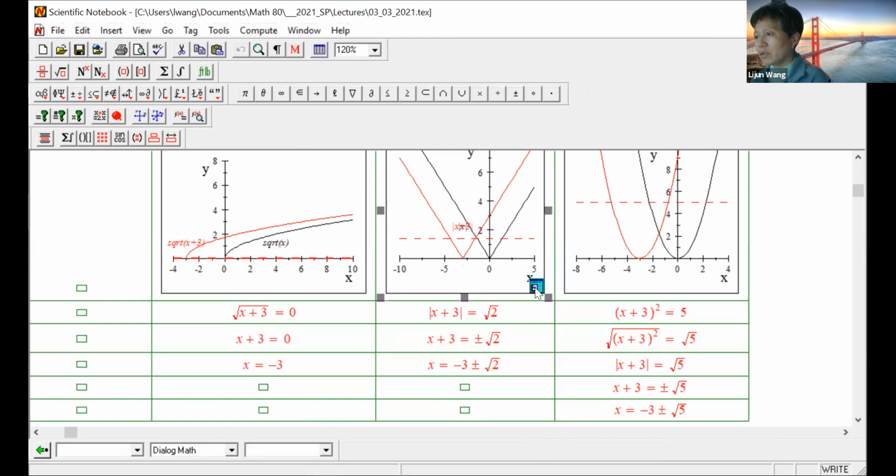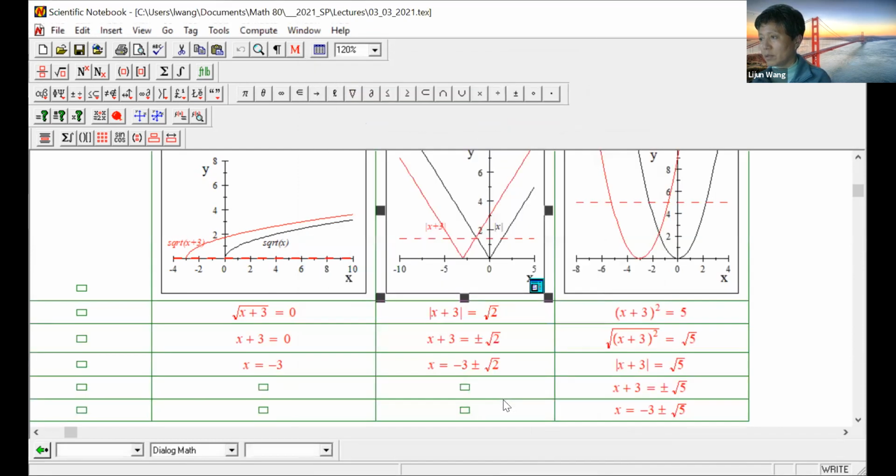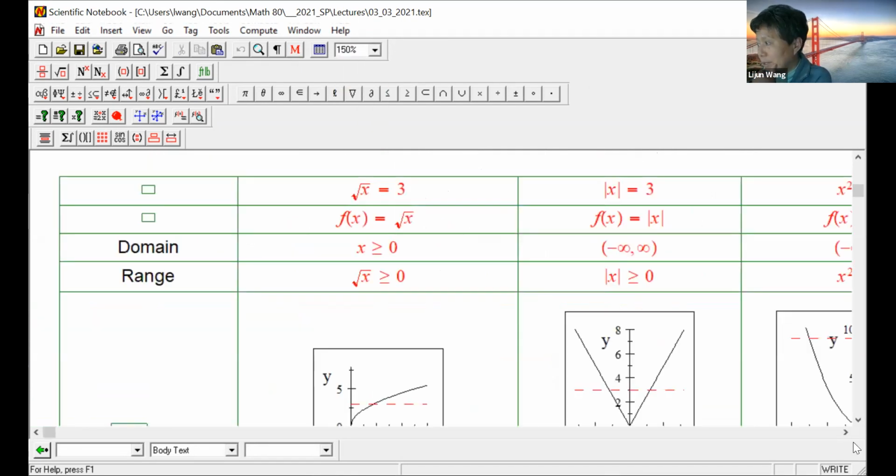Oh, I'm still not very, okay, let me do one more time. Oh, I'm sorry, I put it in the wrong place. Let's see if this is better. Yep, this is the absolute value of x plus 3. Do you guys see that? Do you see that? This is the absolute value of x. Make it larger.